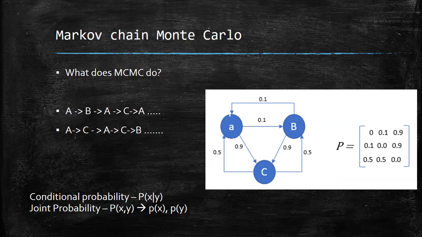So we do a random sample, a Monte Carlo simulation, to go to either A, B, or C. Let's say we generate a random number between 0 and 1, and if it's less than 0.1, then we go to B, and if it's more than 0.1, we just go to C. So the conditional probabilities are defined by the Markov chain, and the sampling from A to the next step is defined by the Monte Carlo simulation.